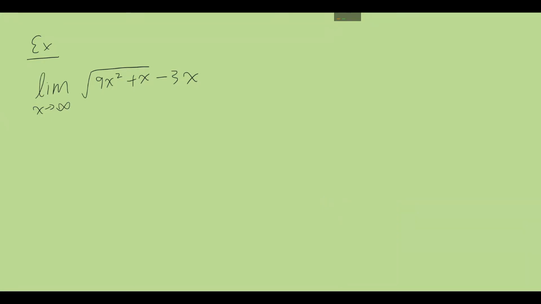So for these type of questions, we have a technique to do this, which is we want to multiply the whole thing by a conjugate. So let's do a quick review on conjugates. So conjugate, let's say A plus B, the conjugate is A minus B, right?